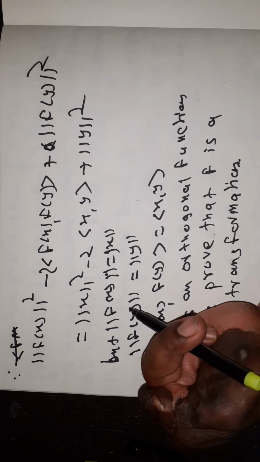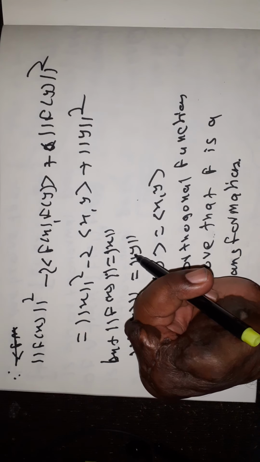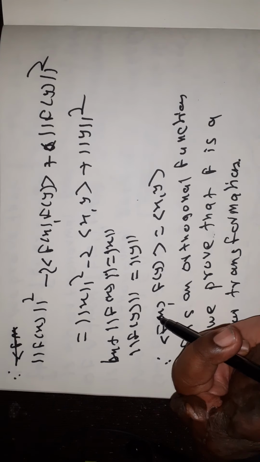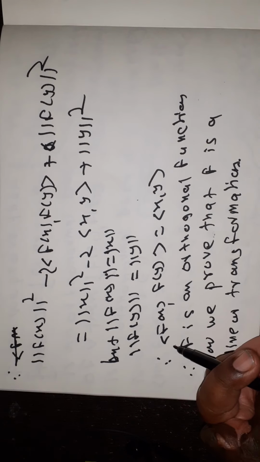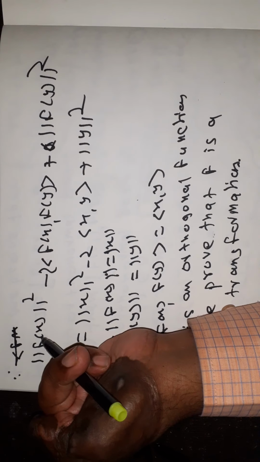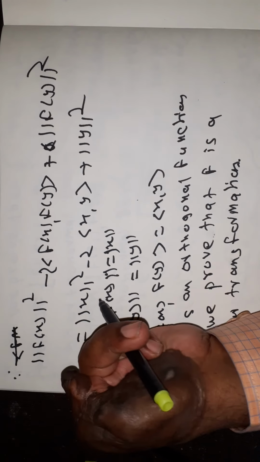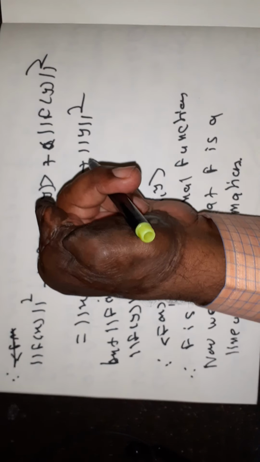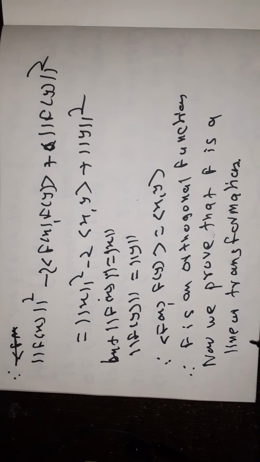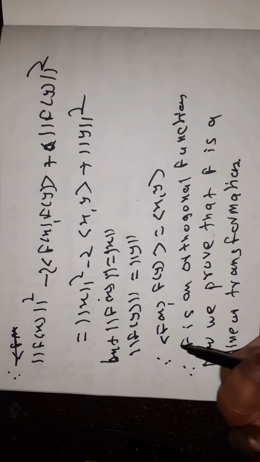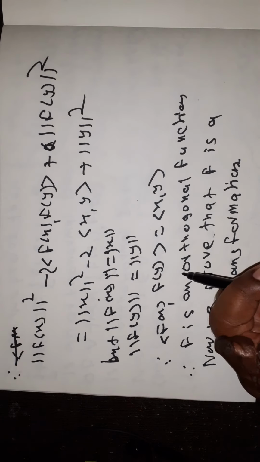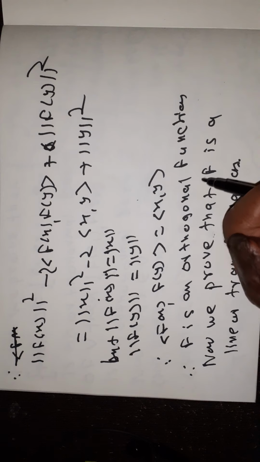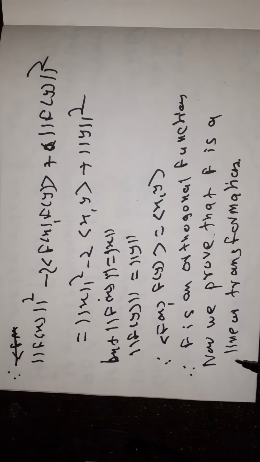But norm of f(x) is equal to norm of x, and norm of f(y) is equal to norm of y. Therefore, here norm of f(x) squared and norm of x squared get cancelled, and norm of f(y) squared cancels norm of y squared. Therefore here we get angle bracket f(x), f(y) is equal to angle bracket x, y. Thus f is an orthogonal function.